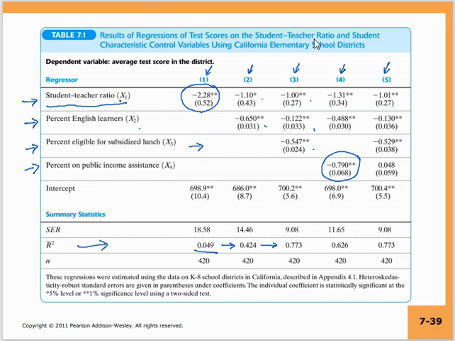Then you can see that when you include just the percentage on public income assistance and do not include the percentage eligible for subsidized lunch, your adjusted R square actually goes down. So this is not a good variable. This X4 is not a good explanatory variable. Rather than that, X3 is a good explanatory variable.